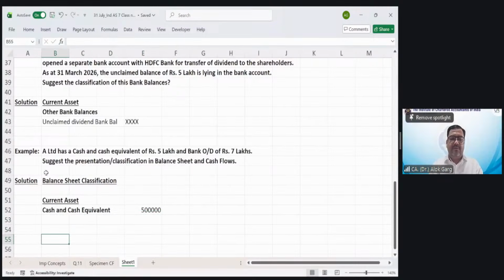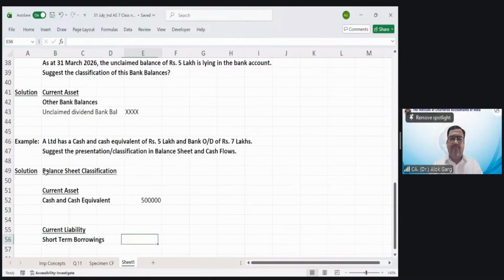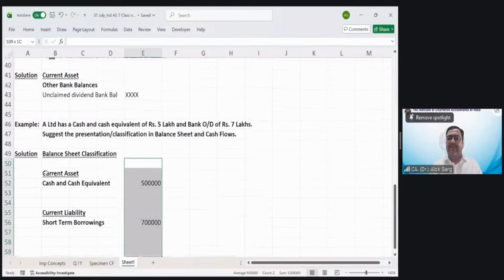Then your current liability. Short-term borrowings 7 lakh rupee, right?